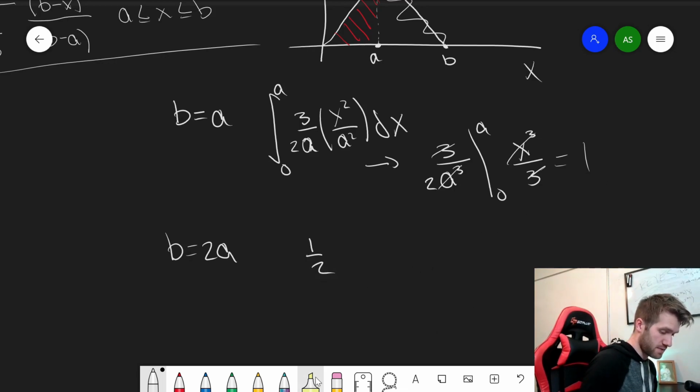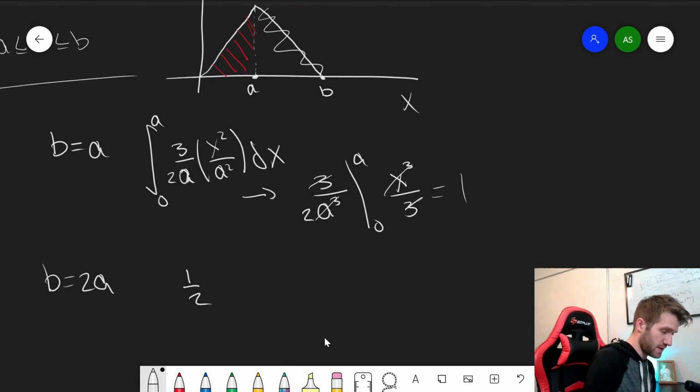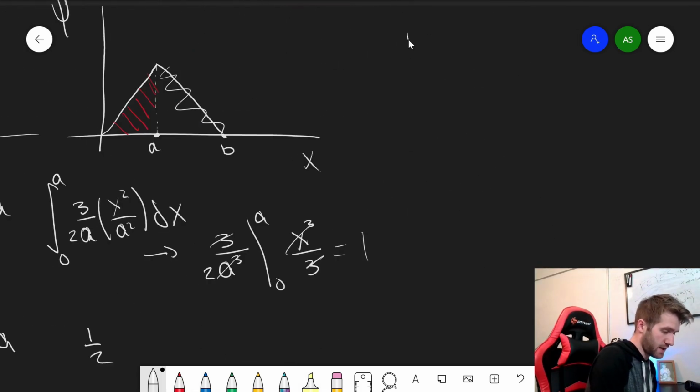And that makes sense, because when we have that condition, our graph is now going to be symmetric. There's not going to be a steep decline.